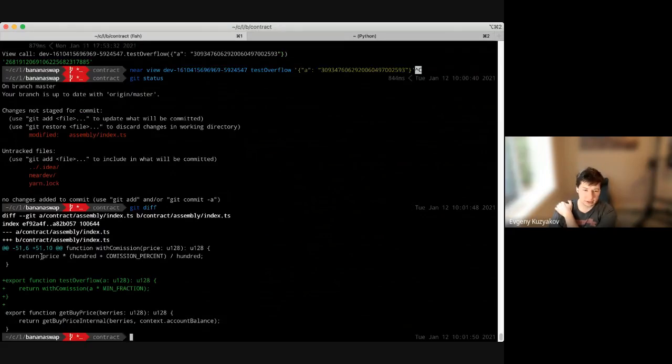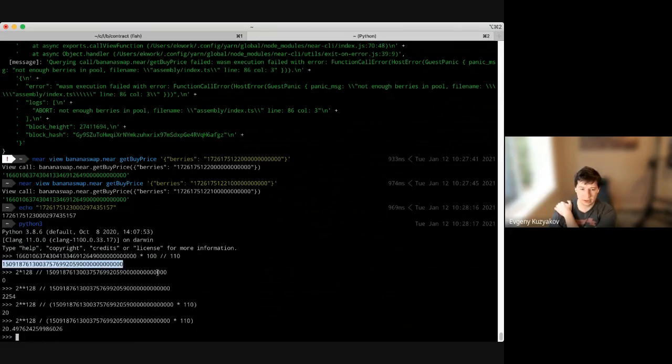So this code is here, price by 100 by commission percent divided by 100, right? What I'm trying to do is I have this price, which is this number.